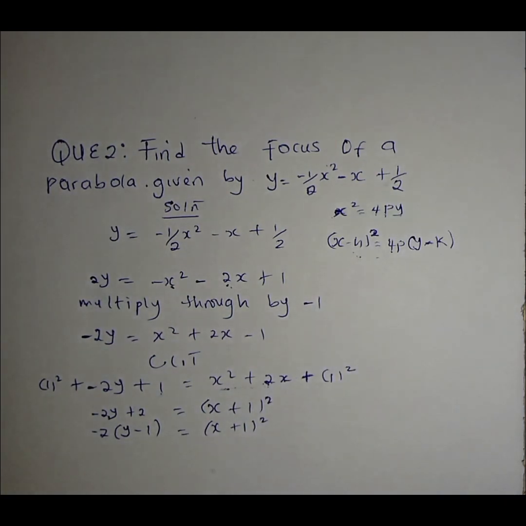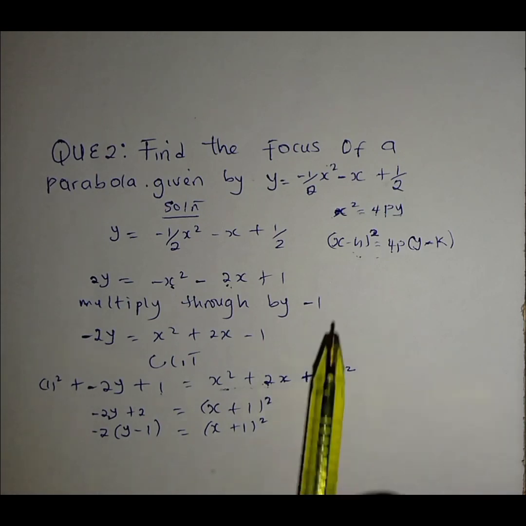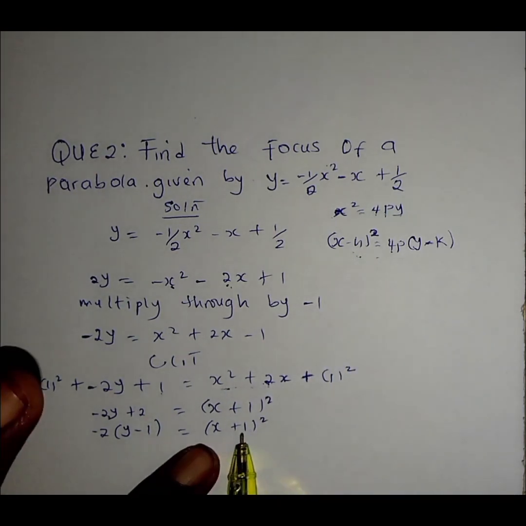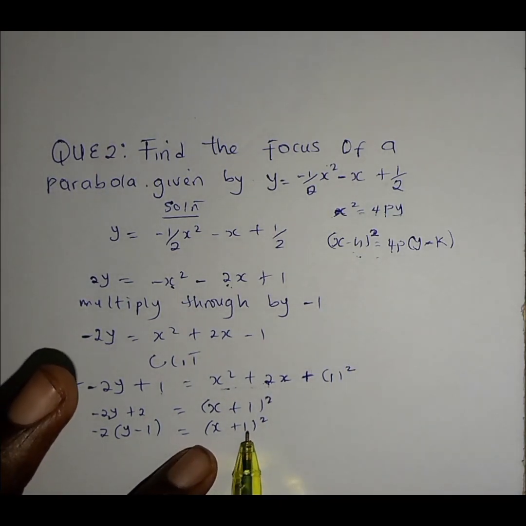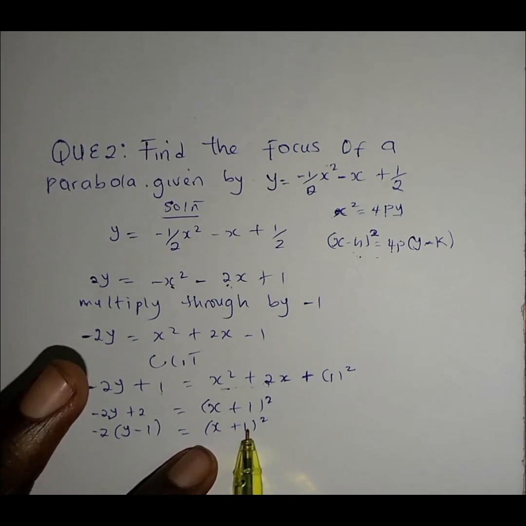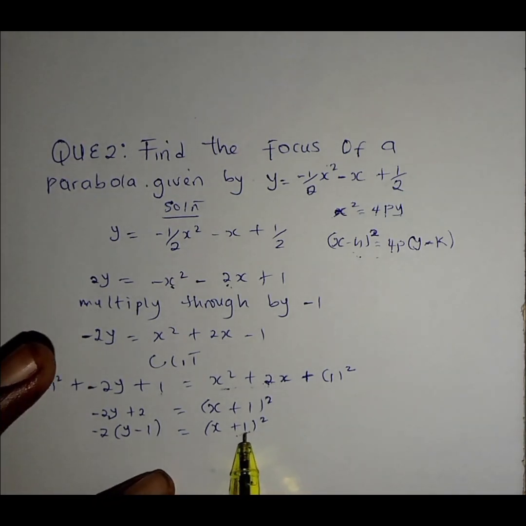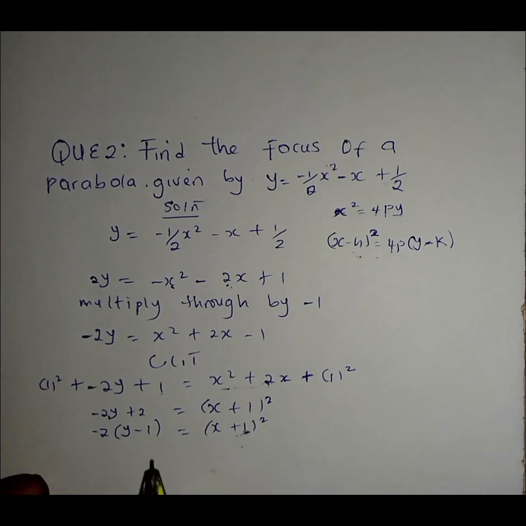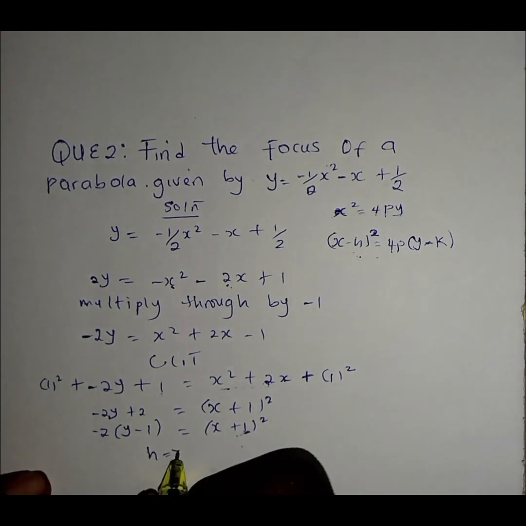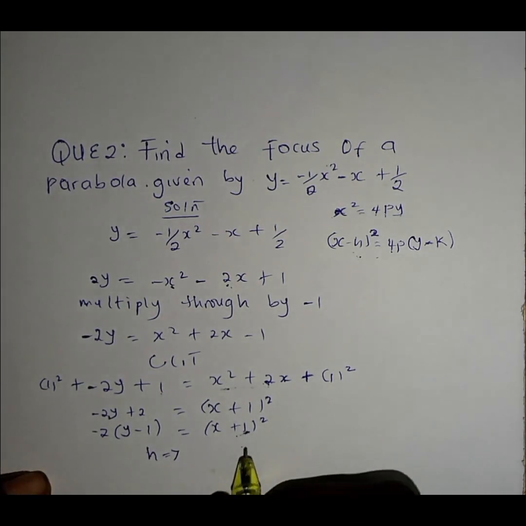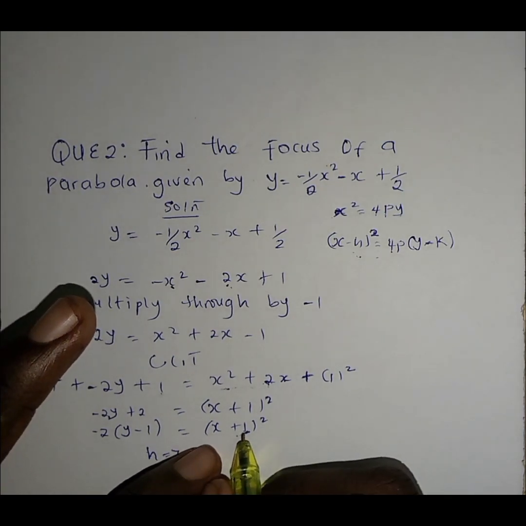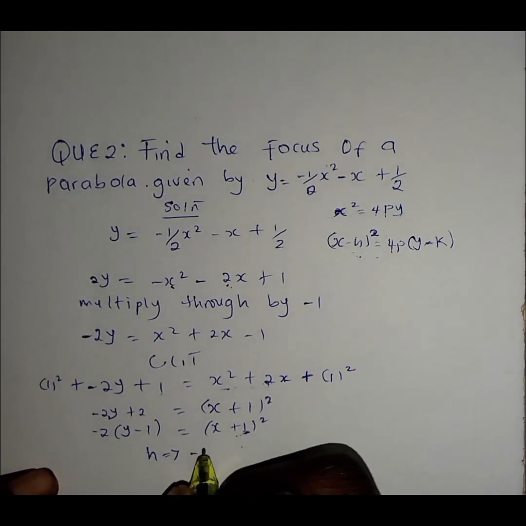So what do we look for? Our h and k. Now how do we get that? Our h is in the bracket of x. So therefore, you just take the inverse of this 1, the opposite of the sign of 1. That is what is going to be your h. Therefore, instead of writing 1, h is now minus 1.